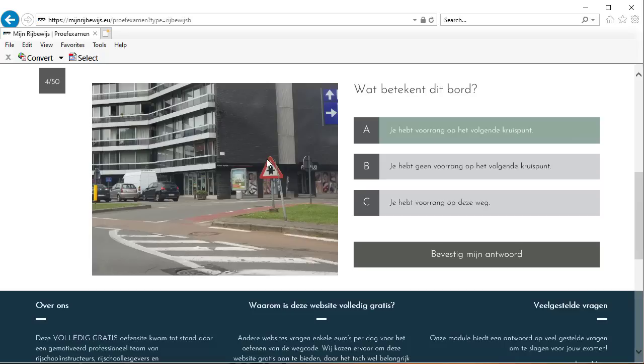This board is a warning triangle, and the thick line indicates that you have one thick line and two thin lines, or one thin line, which indicates you have priority at the next crosspoint, not on the entire road. So option C is wrong, and option B is also not correct because it indicates you have priority with this thick line.